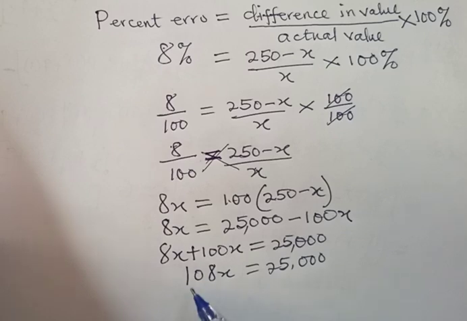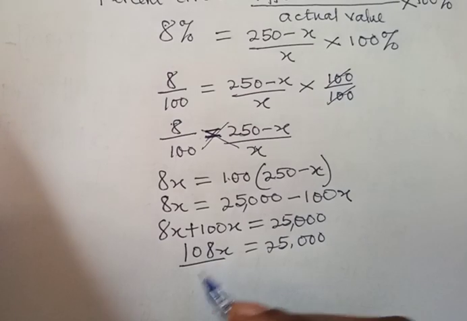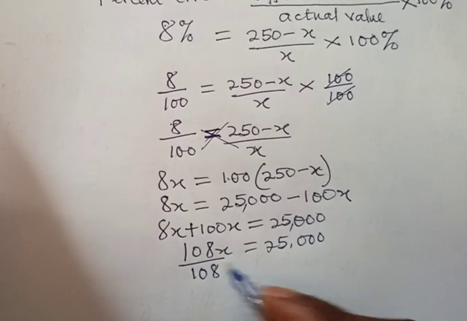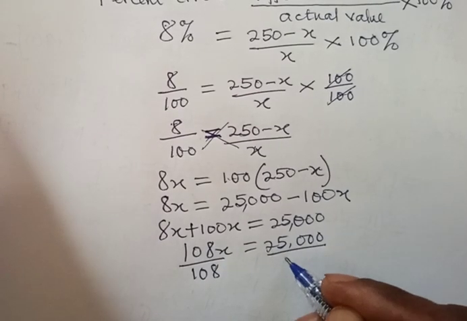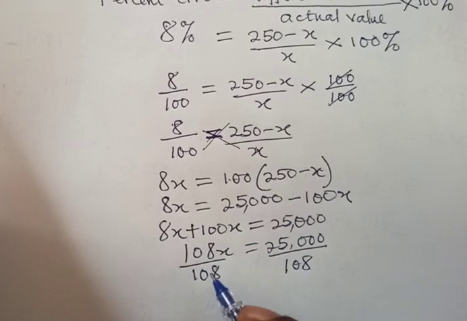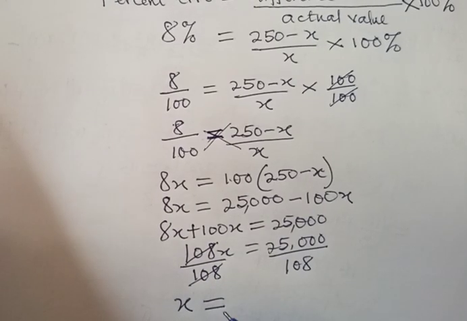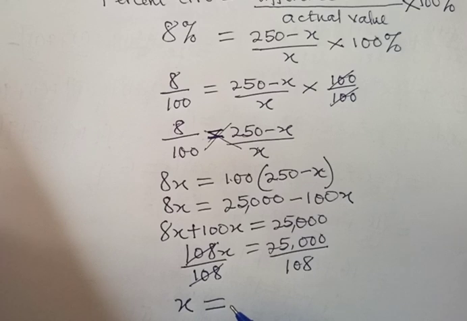Okay, good. So let me divide both sides by 108. This one will go, so I'll have x as now 25,000 divided by 108.